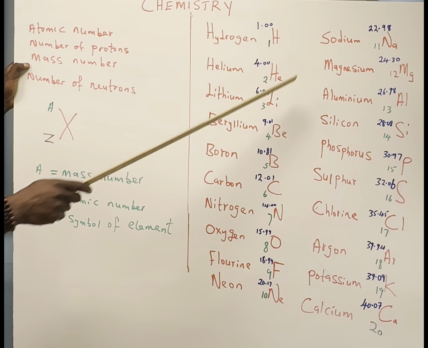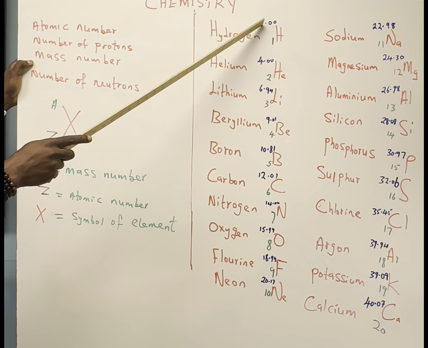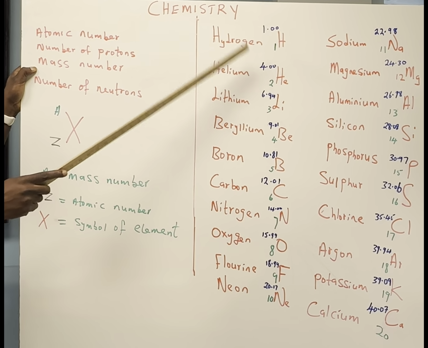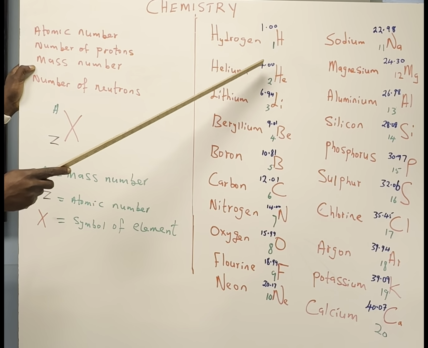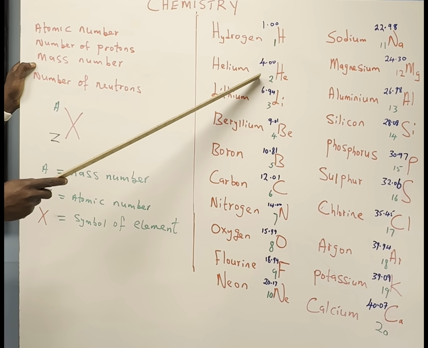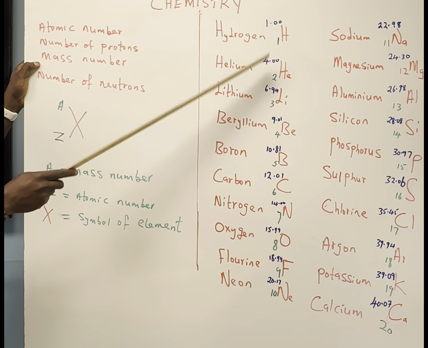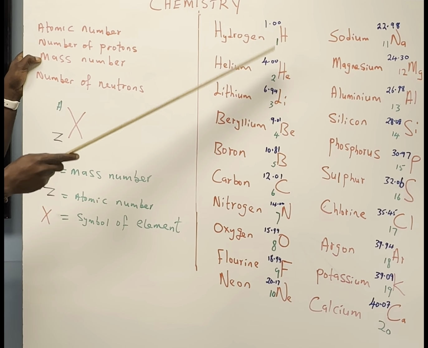If you look at these first 20 elements, you have some values that are written above each of these elements in a different color. These numbers written in blue are known as mass number, or you can call it atomic masses. I repeat, you can call it mass number or atomic masses.